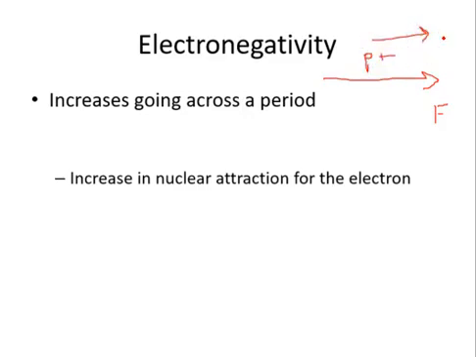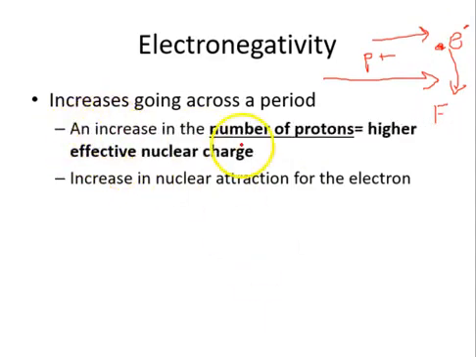That means your nucleus keeps getting stronger and stronger. And the stronger your nucleus is, the more likely it is that you can grab an electron that's whizzing by. All right, so the increase in the number of protons means you have a higher effective nuclear charge. So it is going to increase the nuclear attraction for an electron as you go across.